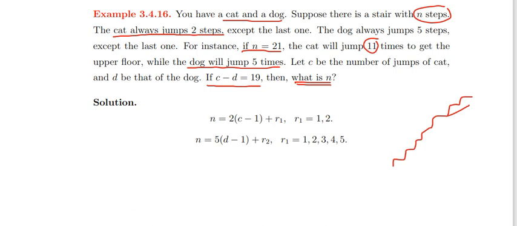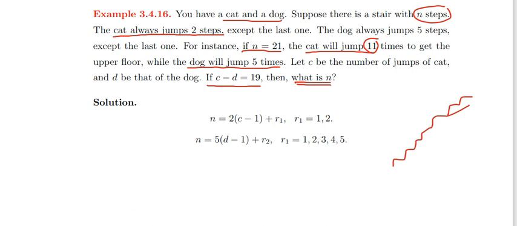If the cat jumps C times, each jump is 2 steps, right? The last jump could be 1, could be 2.